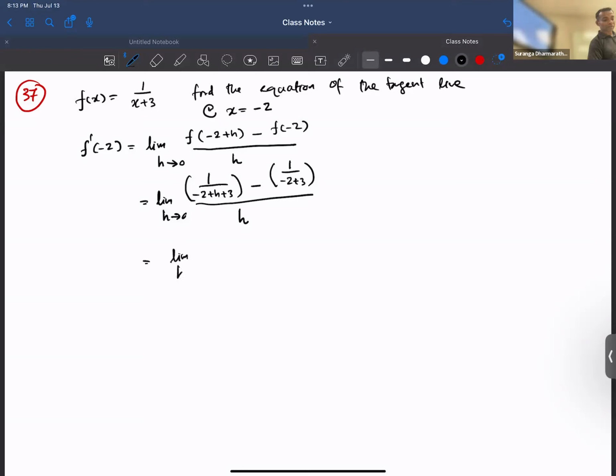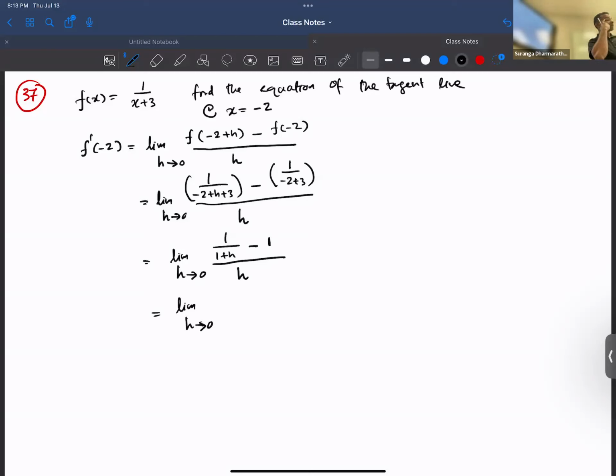Now I have to solve. Inside that I get 1 over 1 plus h minus, what is this one? Plus 1 at the denominator, 1, and it's just 1, right? This is 1. So by h. And then you have limit h goes to 0.